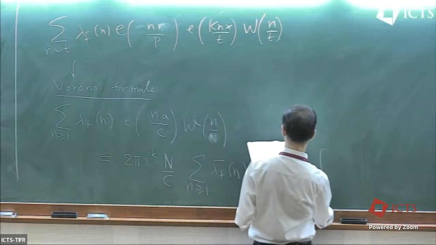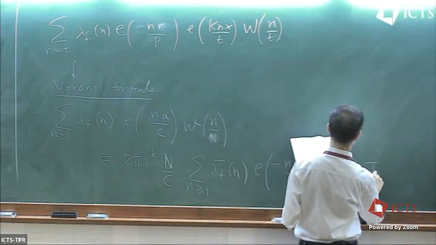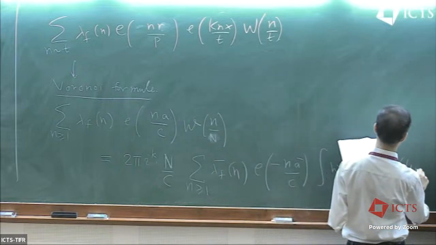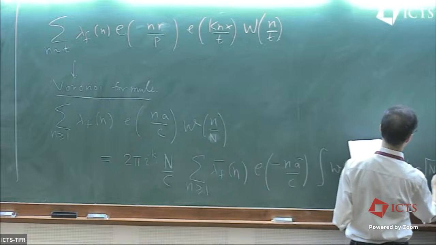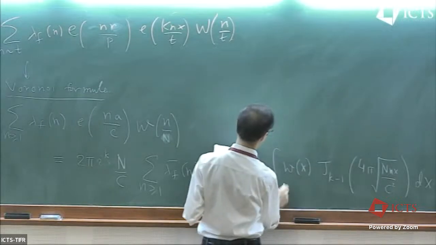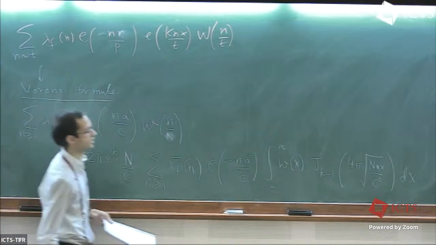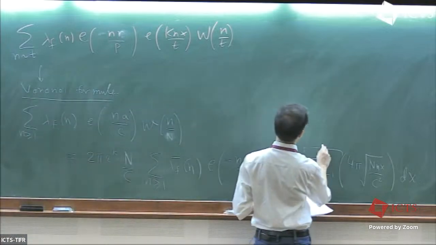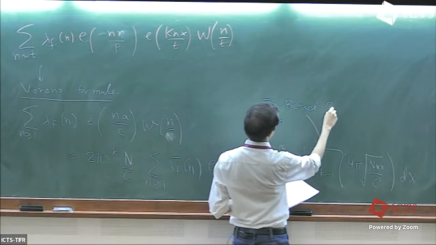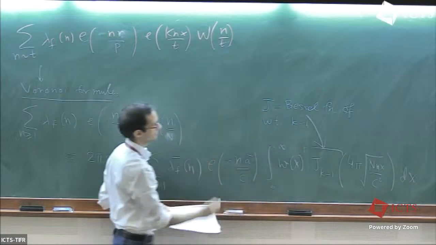And over here, you get a transform with a Bessel function. So you have a Bessel function of weight k minus 1, 4 pi square root nx over c. And here, this integral goes like this. And I must tell you what this is. This is a J Bessel function of weight k minus 1.